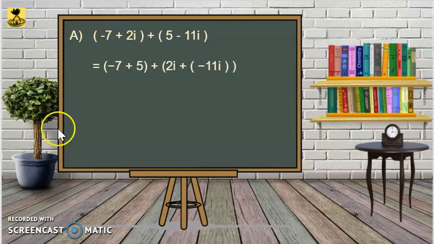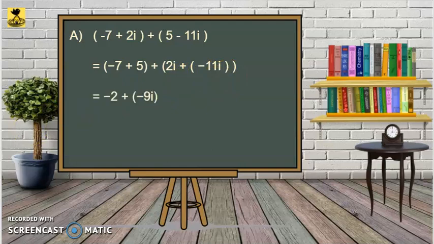So this is the first step. Negative 7 plus 5 are the real parts from both expressions, so negative 7 plus 5 is grouped as one. And then the imaginary parts are 2i and negative 11i, so we add the quantity 2i plus negative 11i. And then we do the operation.